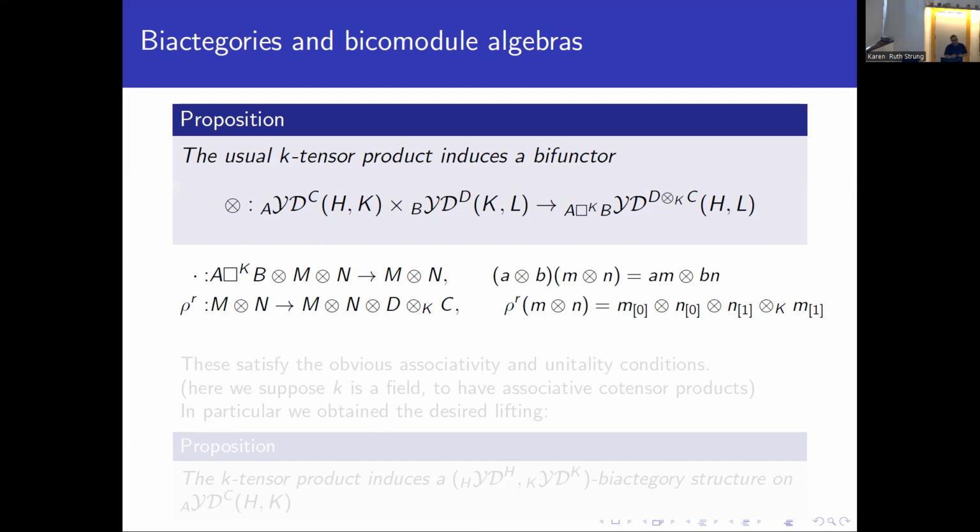So here we have a proposition which says that we have this usual tensor product on these generalized YD modules, but we have to be careful because it will land in a different category. So here the tensor product is on one generalized YD module with a different category of generalized YD module, but we have to be careful here.